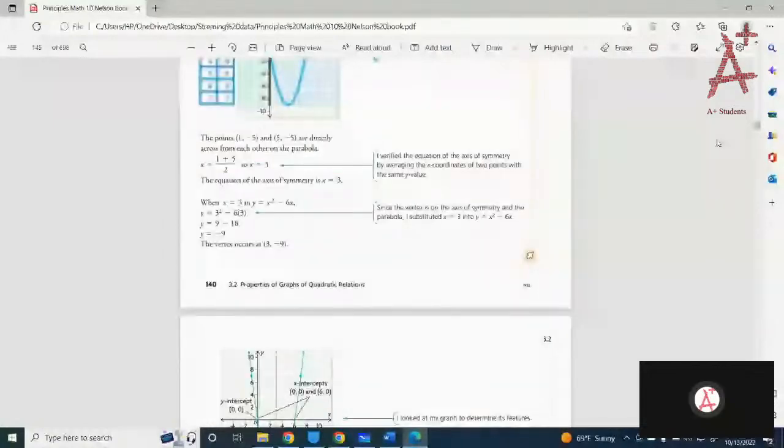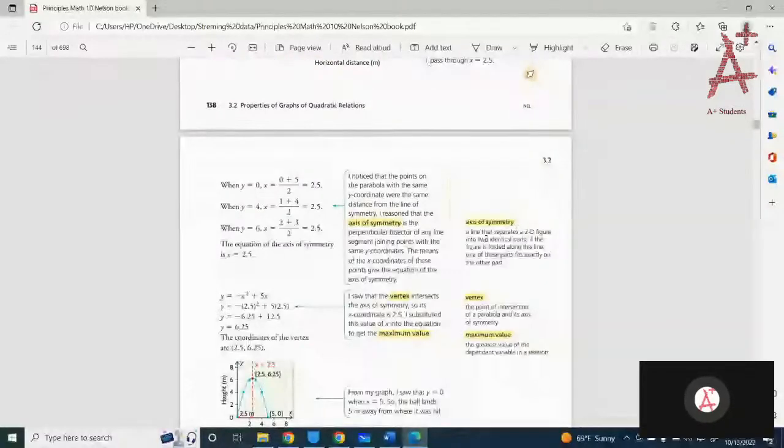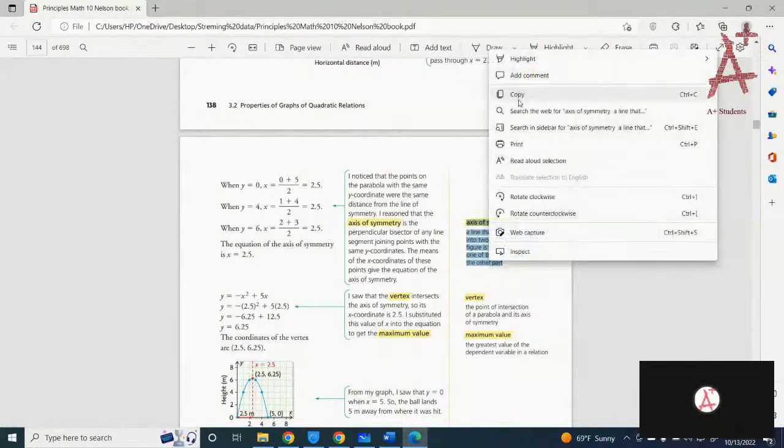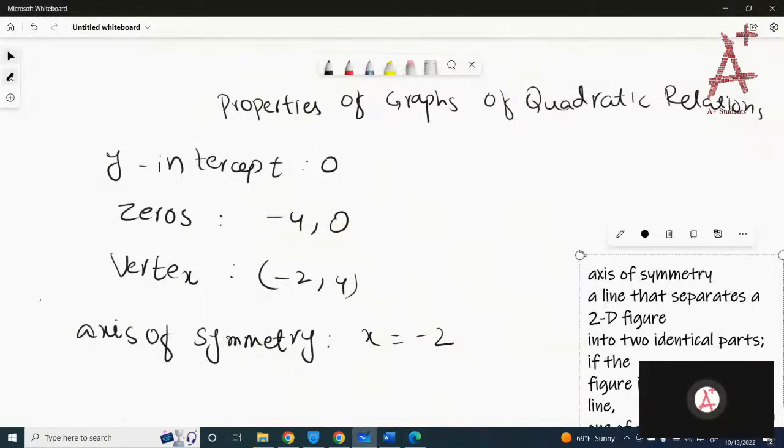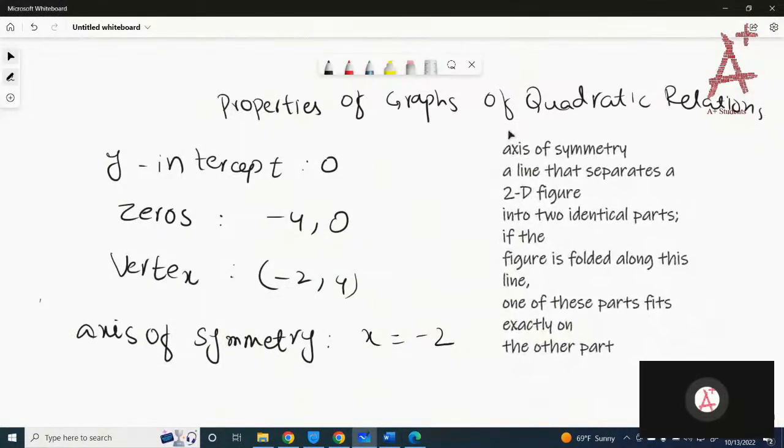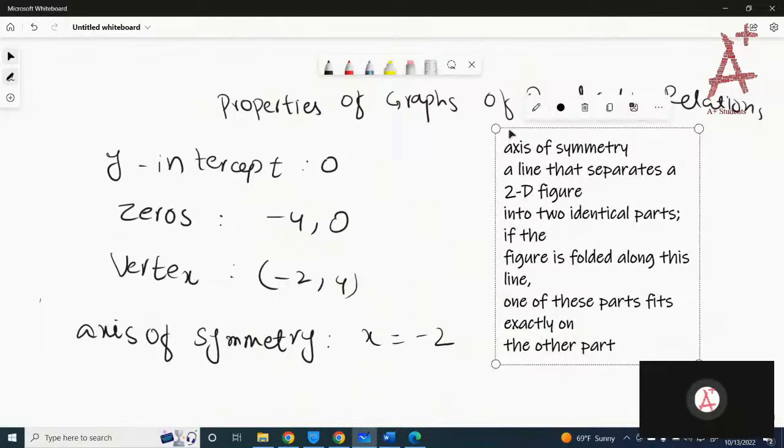Okay, top definitions. The axis of symmetry is a line that separates a 2D figure into two identical parts.